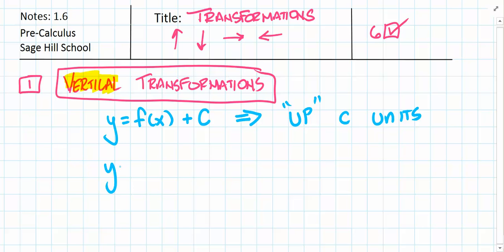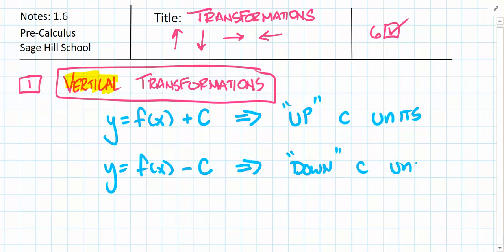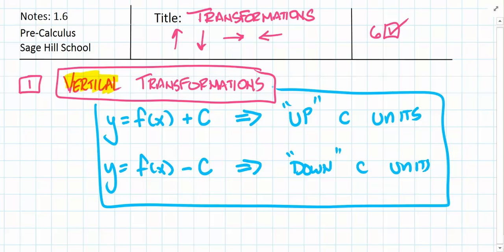And if I gave you y equals f of x, take that same logic, if I said minus c, what would you guys think? We would go down. You got it. We would go down c units. Okay, this is the basis for moving graphs up and down.